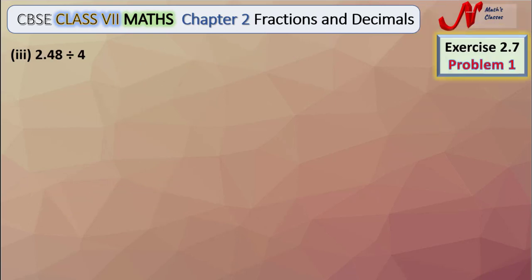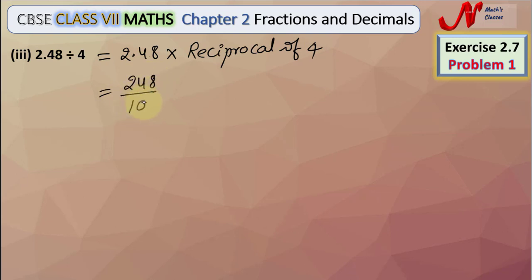Now we solve the third bit. It is given 2.48 divided by 4. It can be written as 2.48 into reciprocal of 4. 2.48 can be written as 248 divided by 100 because we have 2 digits after the decimal point, and reciprocal of 4 is 1 by 4.